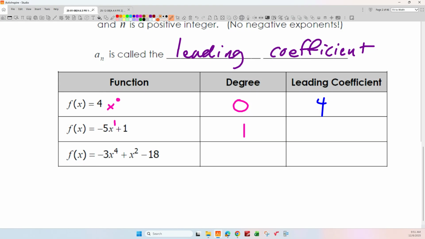What's the leading coefficient? What's the leading term? Negative 5x. Okay. Bottom one, what's the degree? What's the leading coefficient? What's the leading term? Okay, you got it.